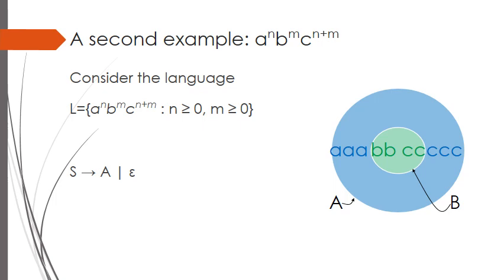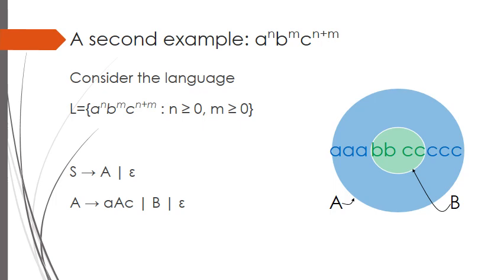Since the n and m values in the question can be 0, the language accepts the completely empty string. So the language can go to epsilon at this level. Variable A can be derived with the symbol a from the left and the symbol c from the right.